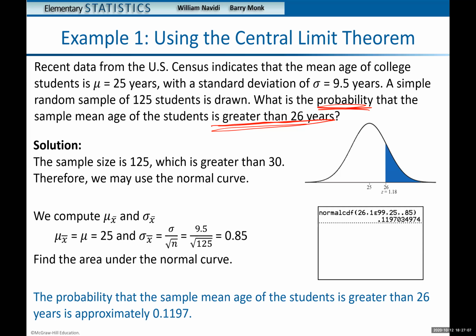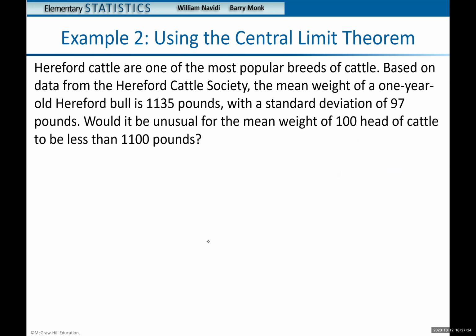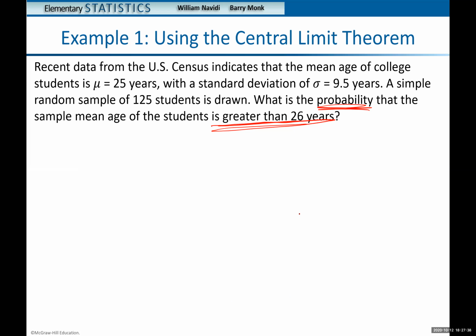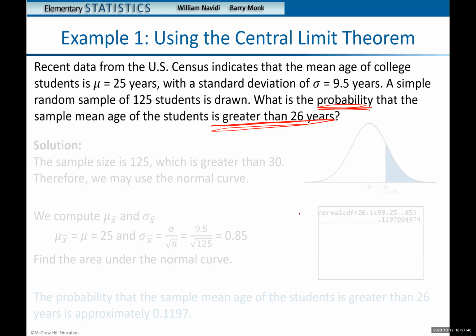All right, if you notice here, they got 0.1197, but our answer earlier is correct. That's most accurate. The reason why is we computed our standard deviation by entering 9.5 over square root of 125. Here they rounded off when they divided these two numbers to 0.85. So what we did earlier is more accurate. Okay.